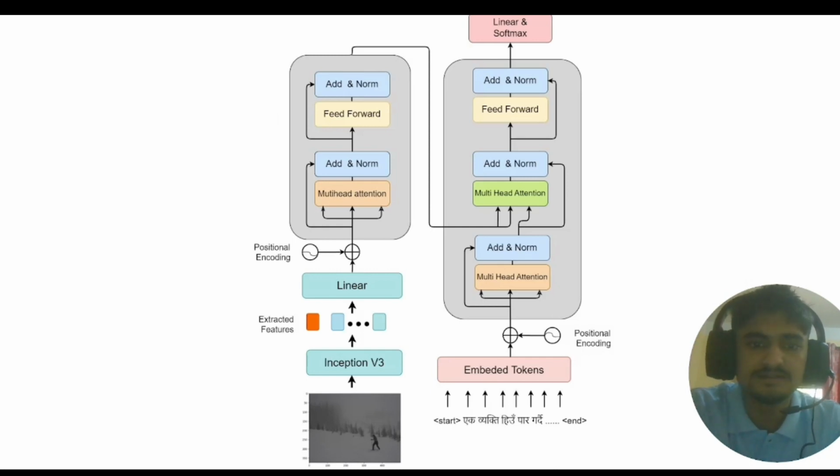In the encoder, the feature extraction of the image is done, and in the decoder segment, we actually generate the captions.